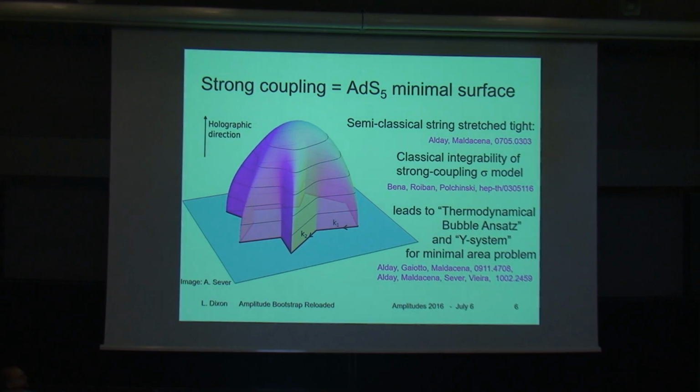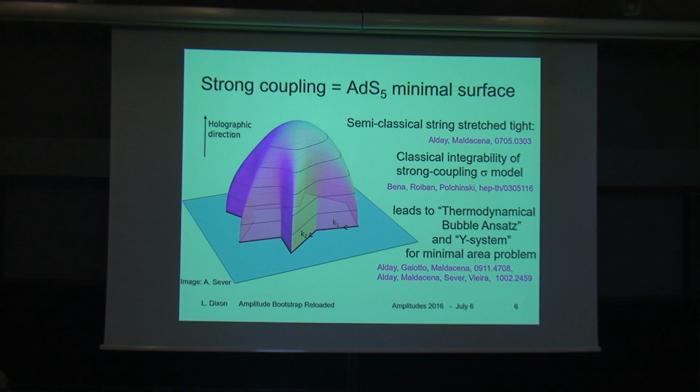When we go out to strong coupling, these Wilson polygons, the way you want to compute them, as pointed out by Alday and Maldacena, in that strong coupling limit, the dual picture in terms of AdS5 x S5 is very useful, and the string worldsheet spans a minimal surface in the AdS5.